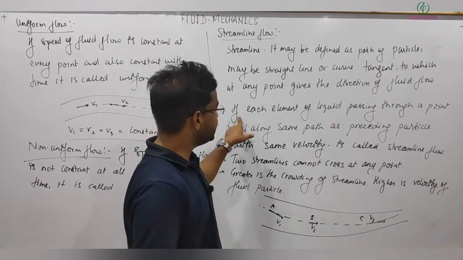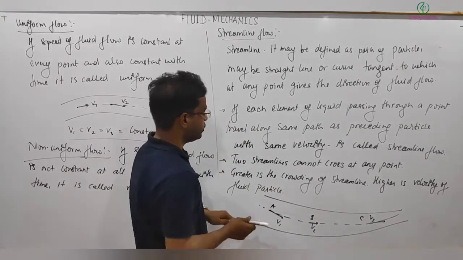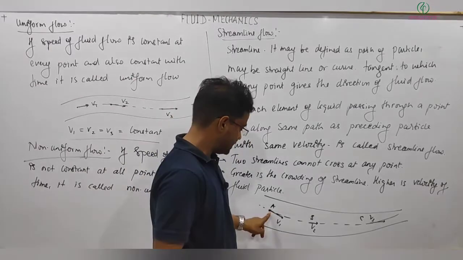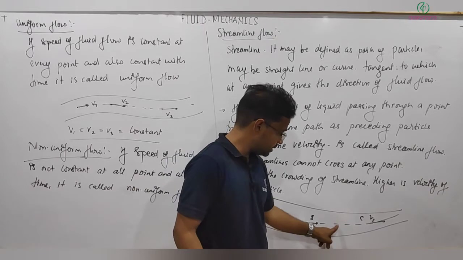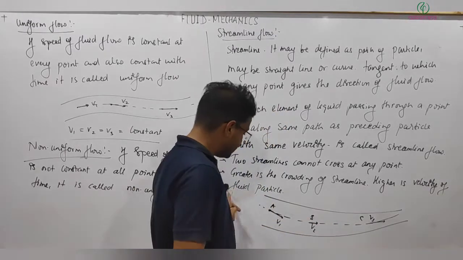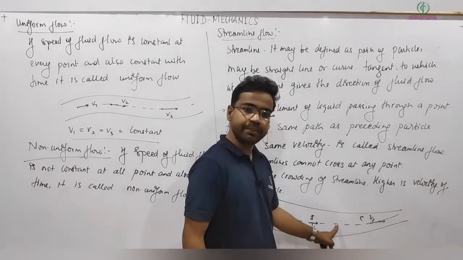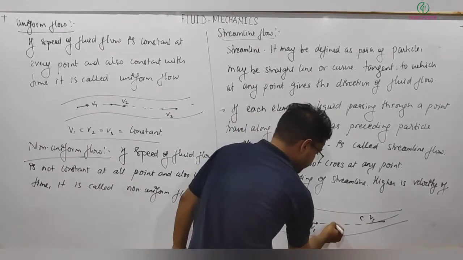And if each element of liquid passing through a point, then the next element passing through this point must also pass through the same point with the same velocity.